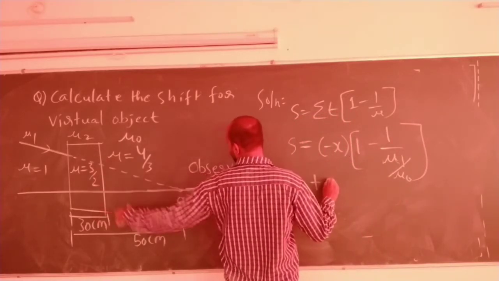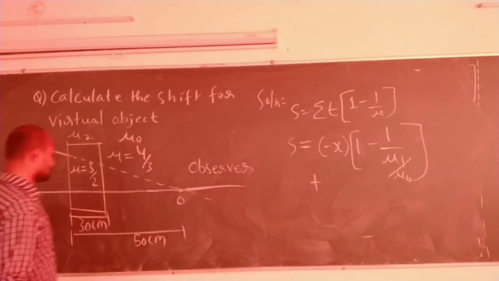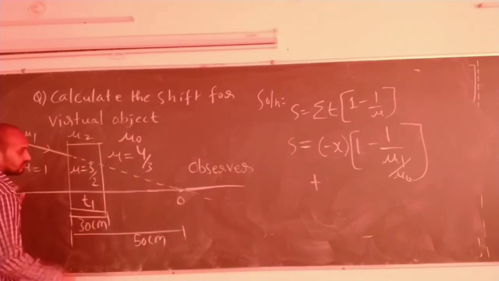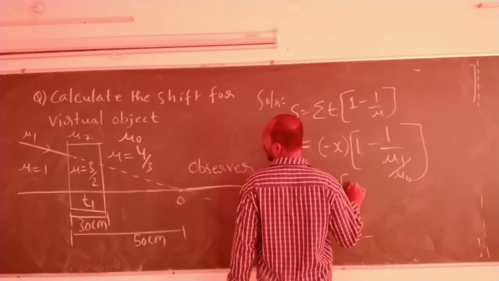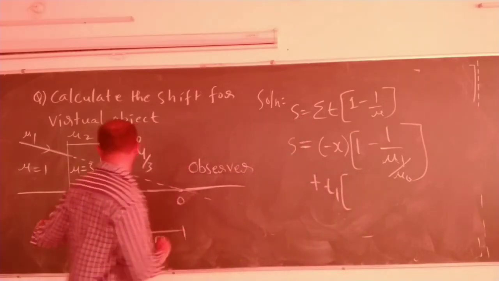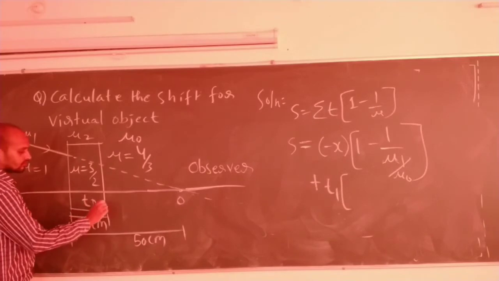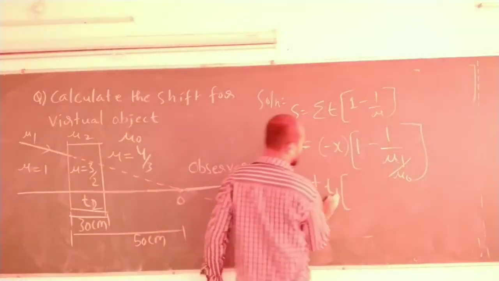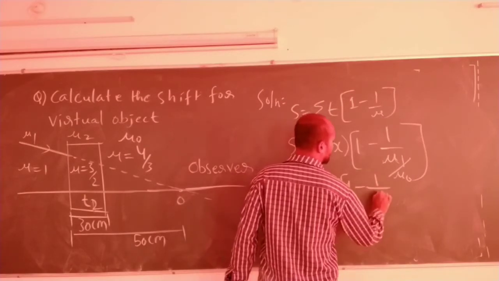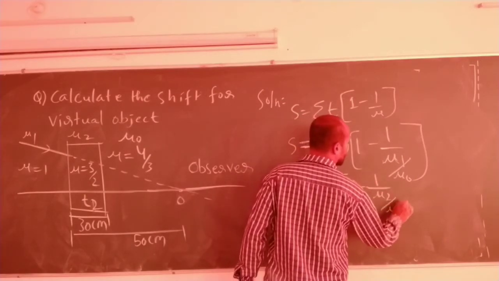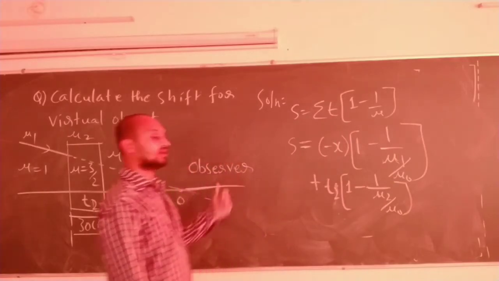Let us take this one as T1, and this one as T2, because I have taken mu2 there. So T2 into 1 minus 1 divided by mu2.